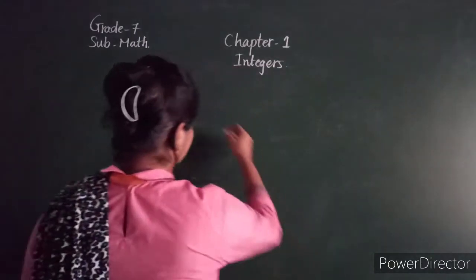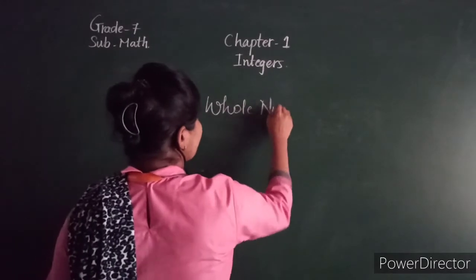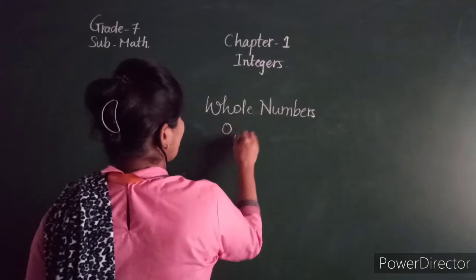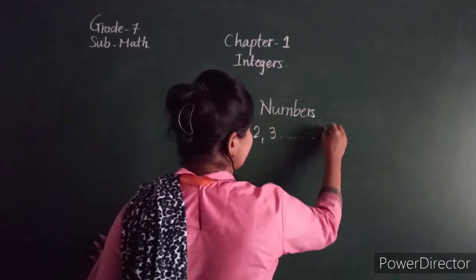It means whole numbers, as you know, start from 0, 1, 2, 3 and so on up to infinity.